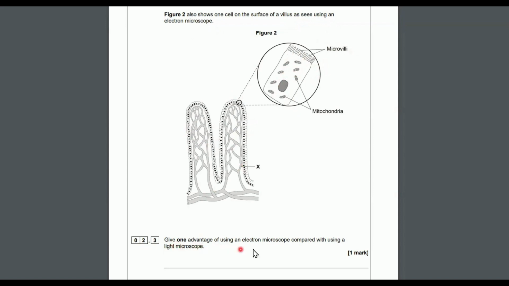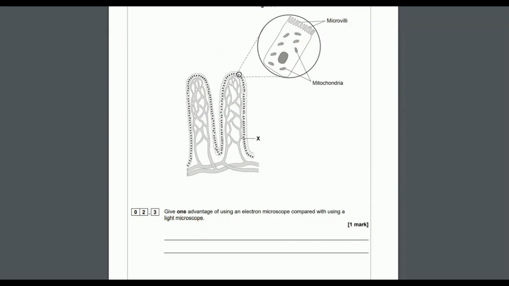Give one advantage of using an electron microscope compared with using a light microscope. So the thing about an electron microscope is that you can see small detail like the mitochondria. So we can say you can see more detail. You could say clearer images.